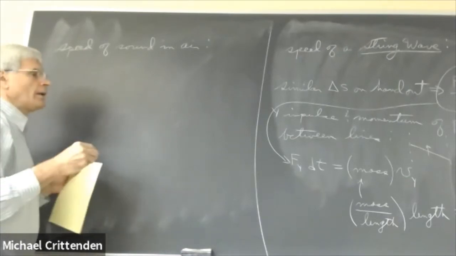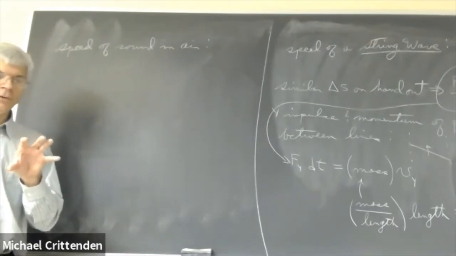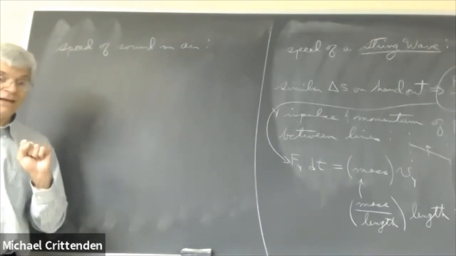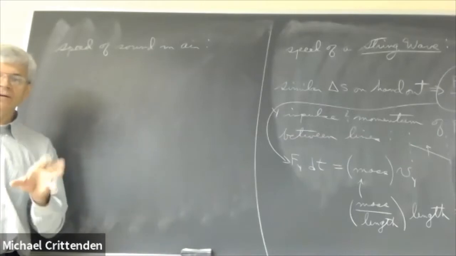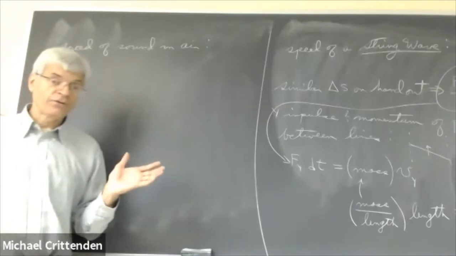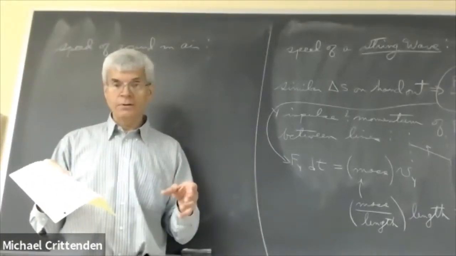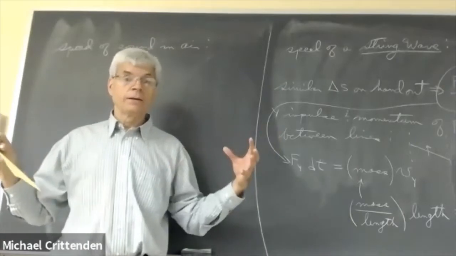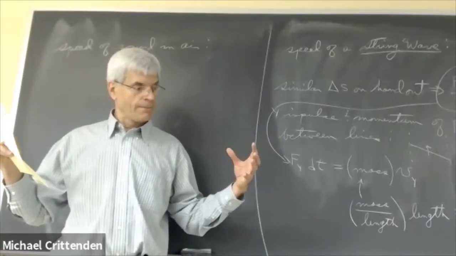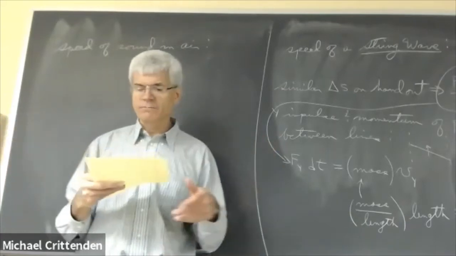But if you plug in the appropriate values for the bulk modulus of air and the density of air, well, you're left with something that's a function of the temperature. The density, for example, air tends to expand as you get it hotter, and I believe the bulk modulus is also a function of the temperature.